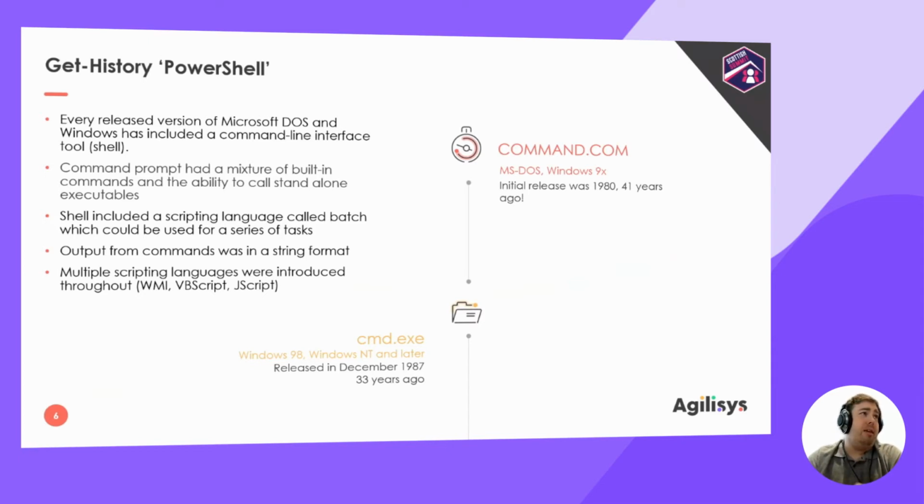On top of that, when Windows 98, Windows NT, and later came out, Microsoft obviously recognized there was a gap in terms of scripting languages, and they introduced a whole bunch of different languages throughout that time. We had WMI, VBScript, JScript, and I think these offered a lot more functionality than the manipulation of strings, for example, in command. With each additional language released for scripting within Windows, it offered a bunch of additional problems.